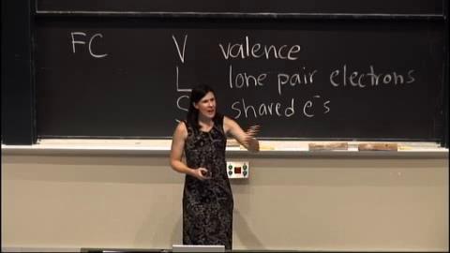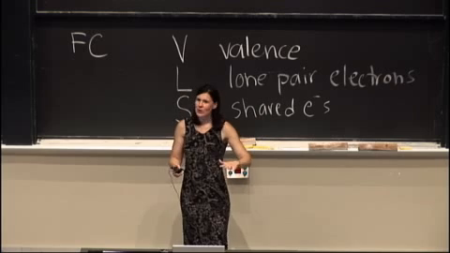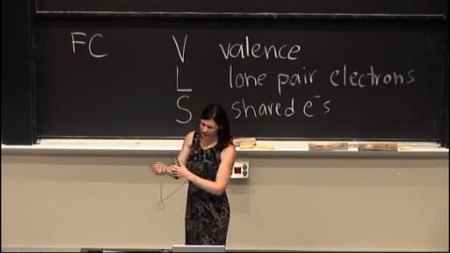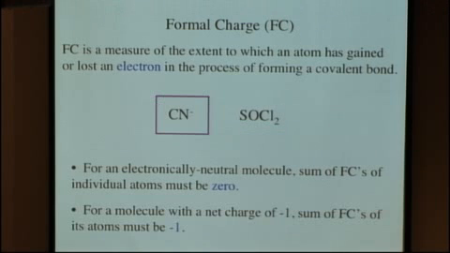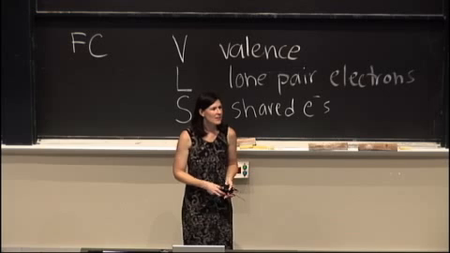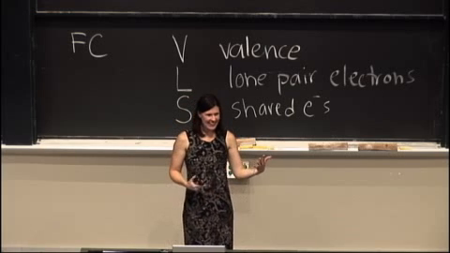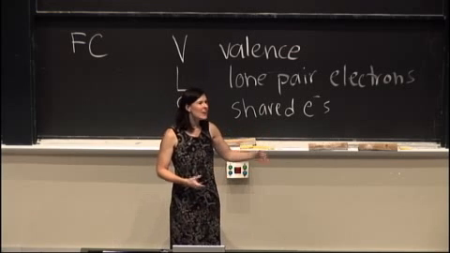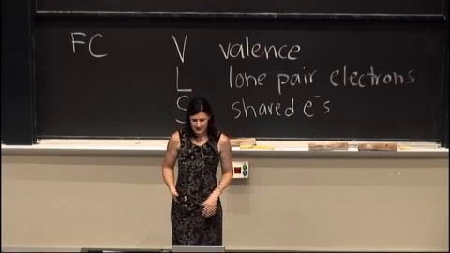So if we add them all up, there should be no net charge on the molecule if the molecule is neutral. So if we think about the second case here, where we have CN minus, now we're talking about a molecule with a net charge of -1. So that means if we add up all of the formal charges within the molecule, what we would expect to see is that they sum up to give a net charge of -1. So we can do this for any final charge we have. If we have a molecule that has a charge of +2, then all of the formal charges should add up to +2, and so on.